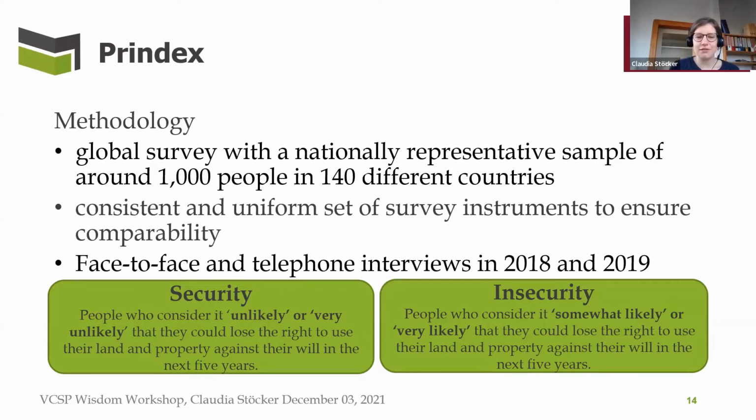Then they define security if the respondent answers that it is unlikely or very unlikely that they could lose the right to use the land, or they measure insecurity if the respondent answers that it's somewhat likely or very likely that they could lose the right to use the land. So this is a bit of an insight into the methodology that they are using.